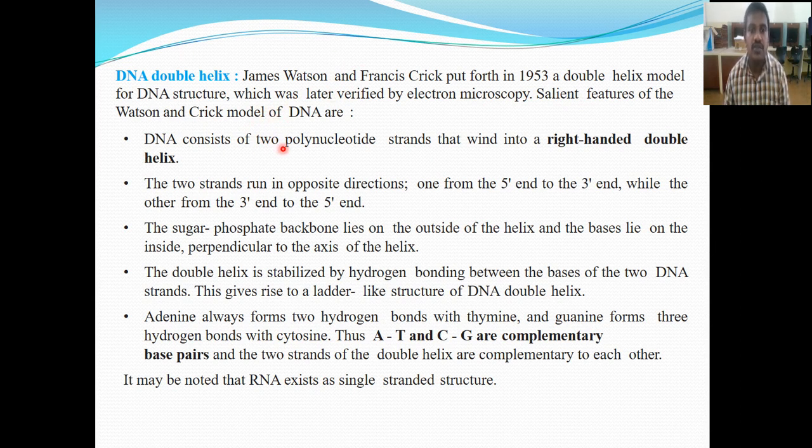First, DNA consists of two polynucleotide strands. Later on we'll see the figure of this double helix structure of DNA. The strands wind into a right-handed double helix.